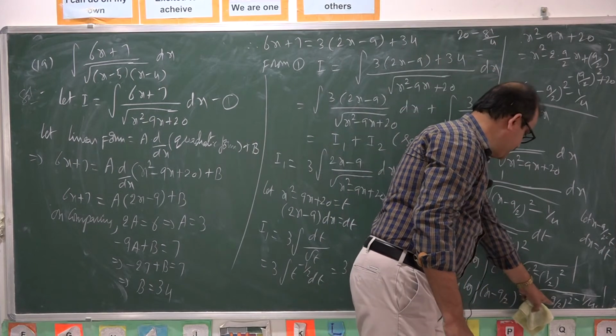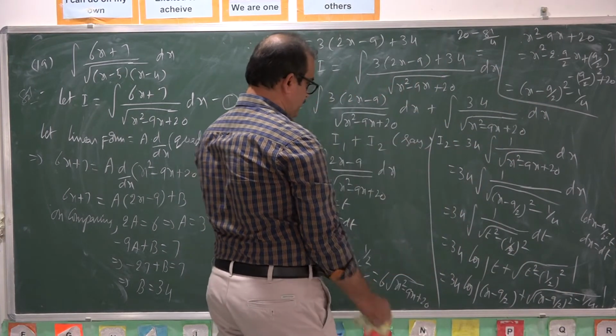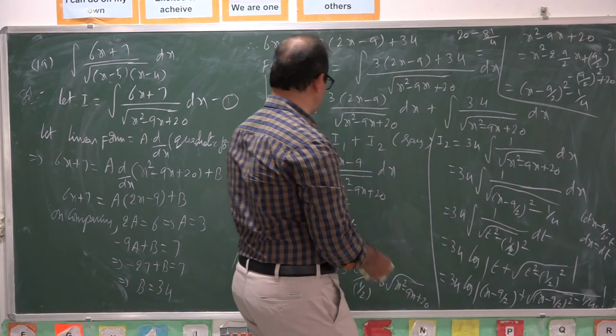Now expand it, a minus b whole square, and find the value of I2.